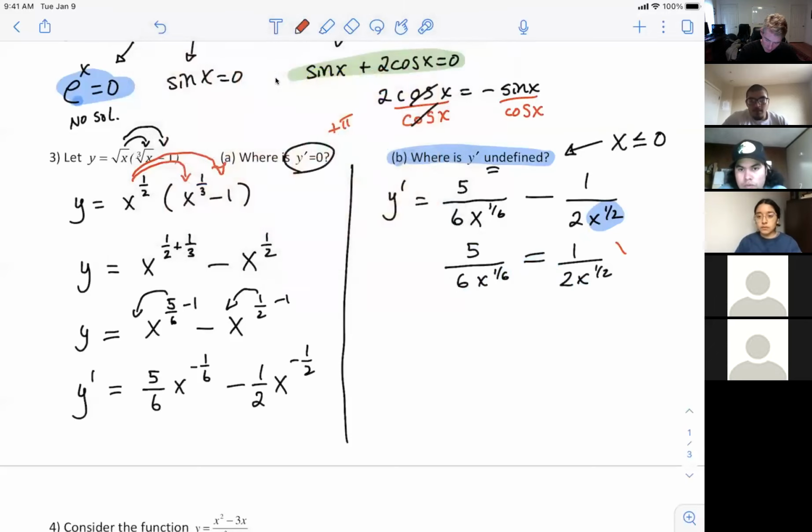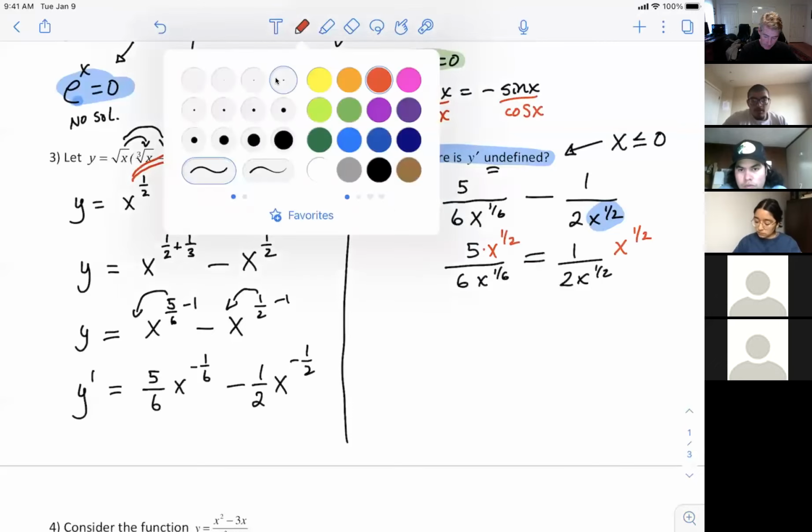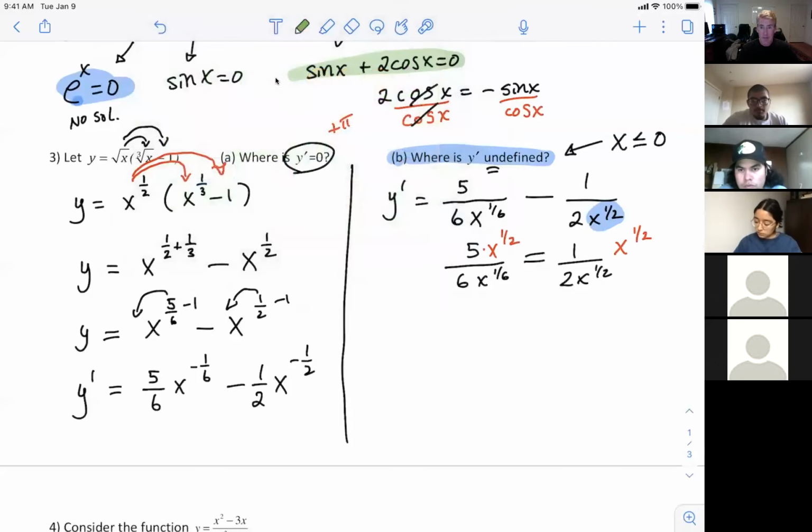And to do that, multiply both sides by x to the half. And then I'm going to get the numbers on the right side. So instead of 5/6, multiply by 6/5.